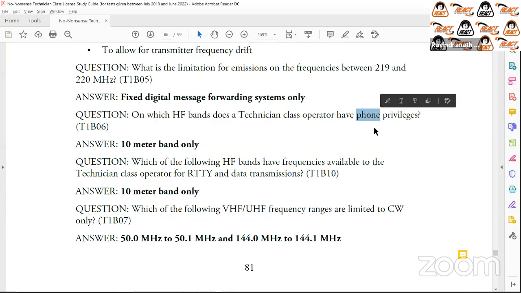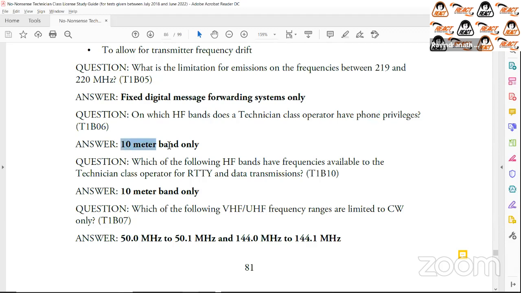And remember, phone is just another way to say voice, meaning that we're talking. So anytime you hear an operator say, I'm operating phone, that means that they're talking or there's speech involved, voice. That is what phone means. So HF band, technician class operator, phone privileges.